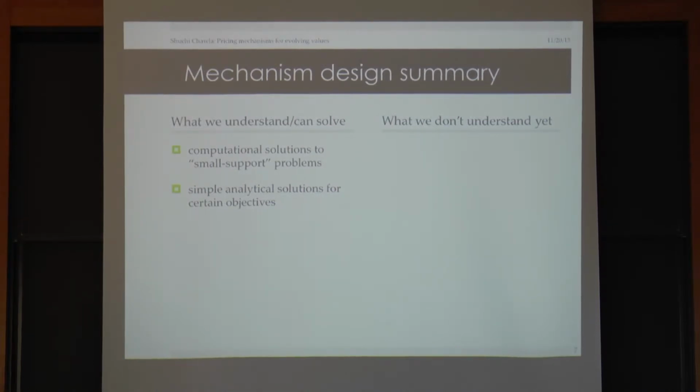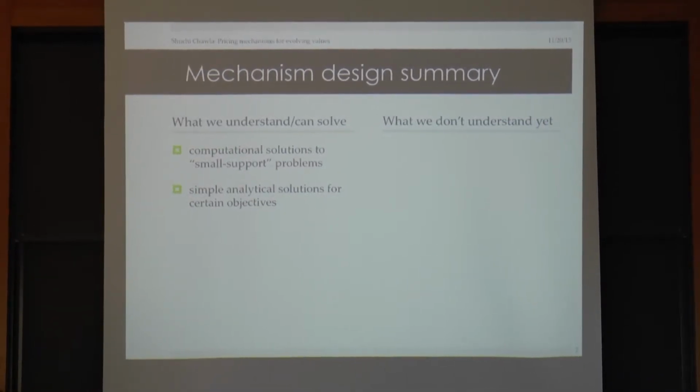As I said, we also know simple analytic solutions for a very limited class of problems through the second approach that I described. We don't understand simple analytic solutions for a broader class of problems.